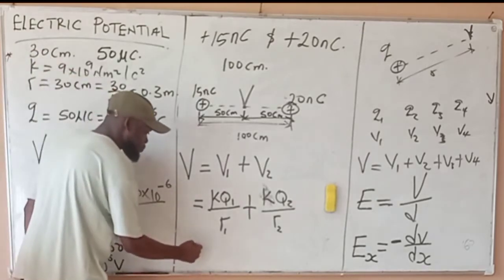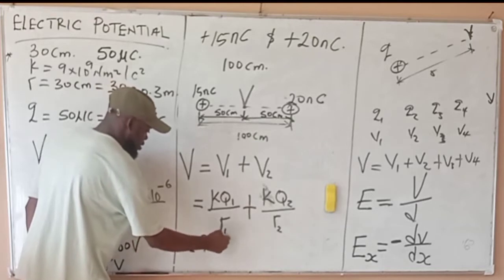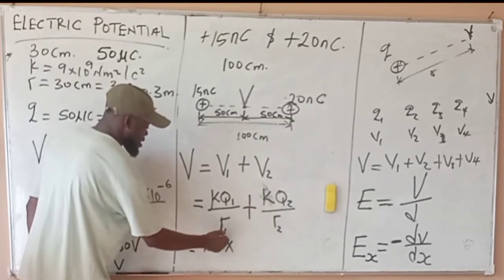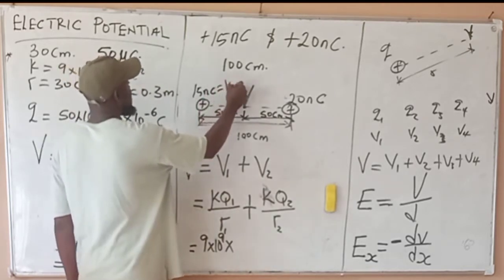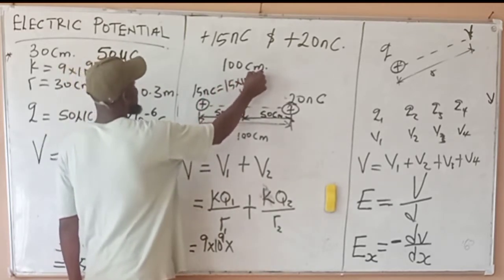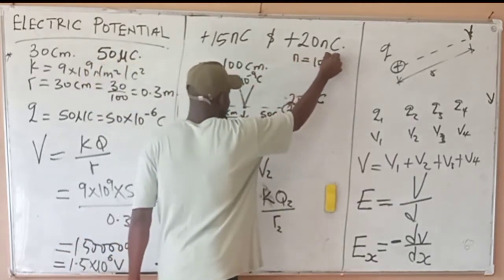So this will give us, what is k? 9 times 10 to the power 9, times what is Q1? Now Q1 is 15 times 10 to the power minus 9 coulomb, because nano in physics means 10 to the power minus 9. Take note of that.